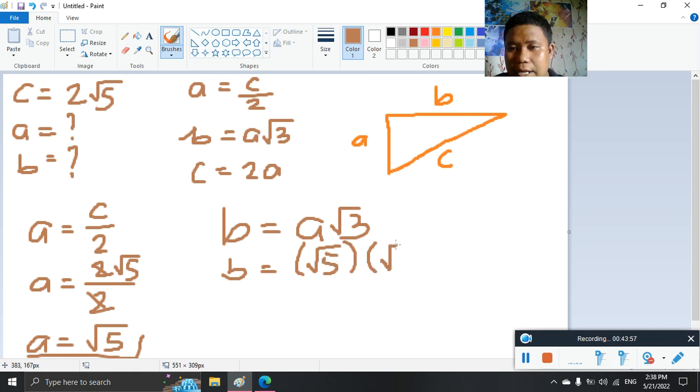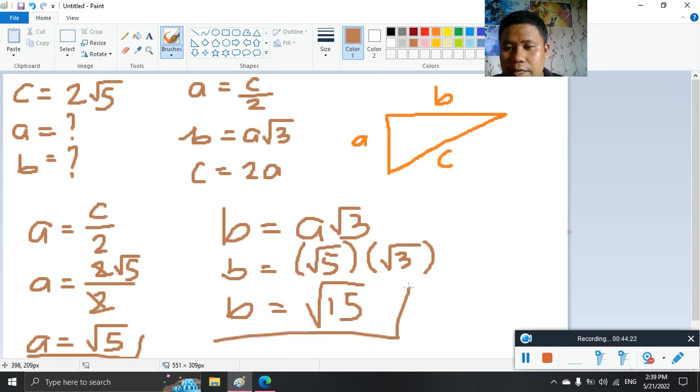We can use parentheses to emphasize that these two are being multiplied, or a period. Therefore B is equal to square root of 5 times square root of 3, that is square root of 15. So this is your final answer, square root of 15. So A is square root of 5, B is square root of 15.